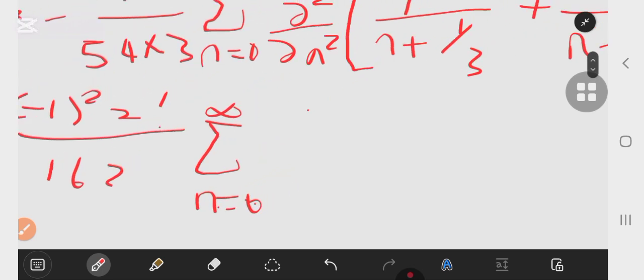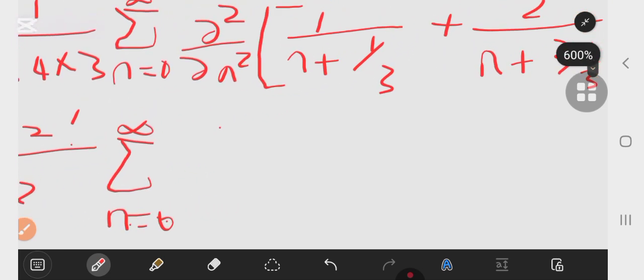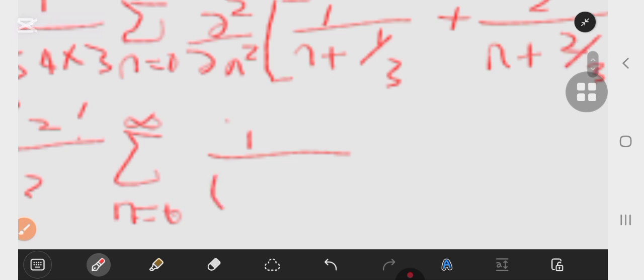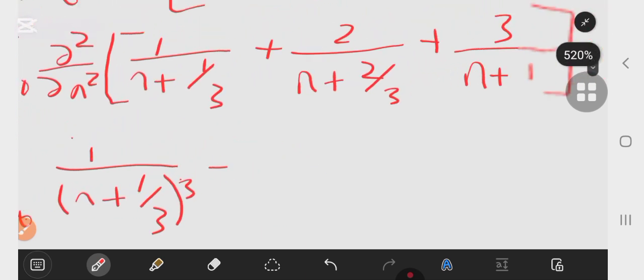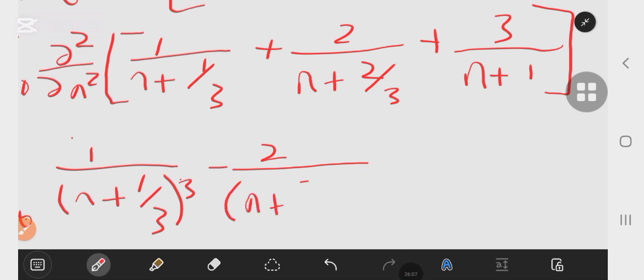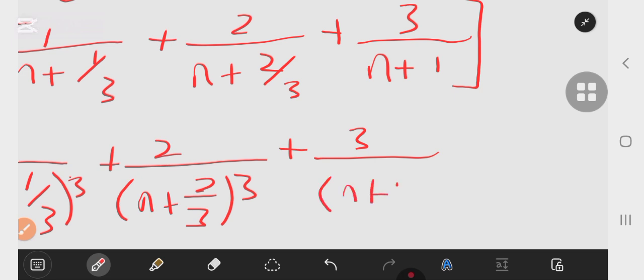Now, there are 3 different expressions here. The first expression says that it is 1 over n plus 1 over 3 to the power of 2 plus 1, 3. The second expression says that it is 2 all over n plus 2 over 3 to the power of 3. Sorry, this is plus 3 all over n plus 1 to the power of 3.